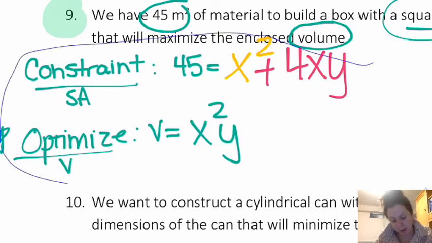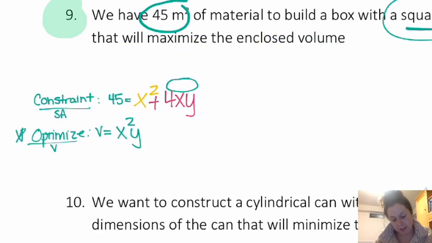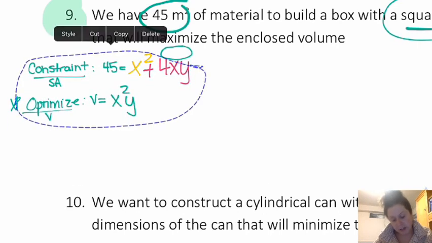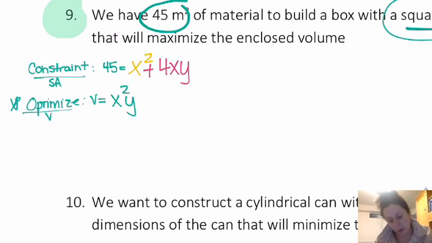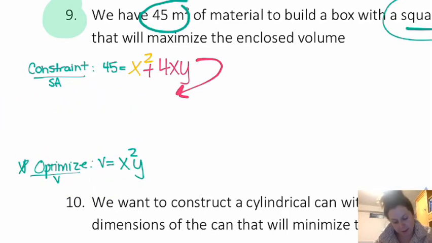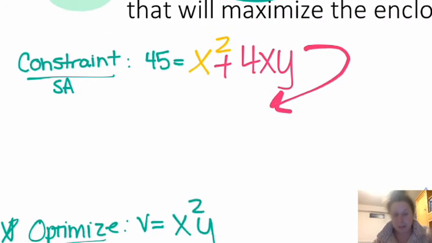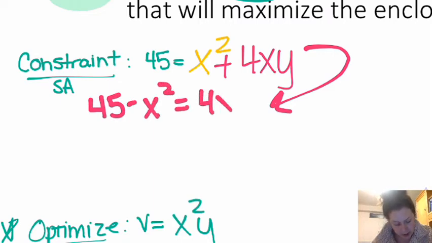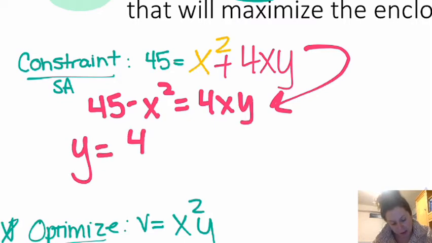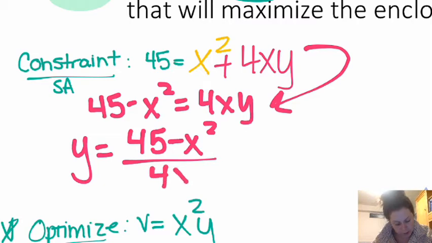And we can now use these to get this in terms of one variable. So I'm always going to take my constraint and plug it into this. So for the constraint, let's solve that for a variable. It's going to be easiest to solve it for Y. So it's going to be 45 minus X squared equals 4XY. Divide both sides by 4X. So Y equals 45 minus X squared over 4X.